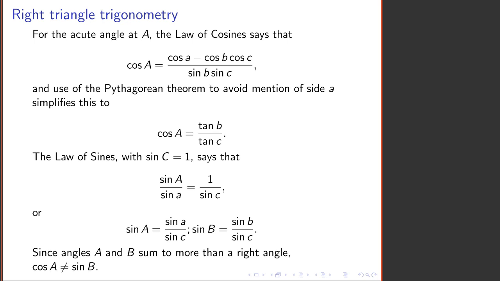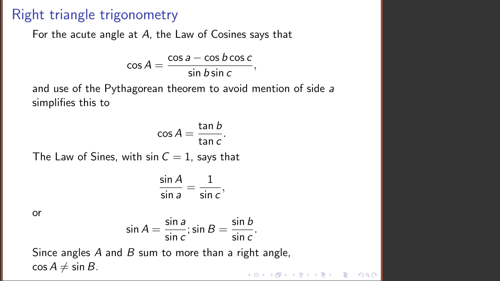Well, here's the law of cosines, and now I'm applying it to one of the acute angles of my right triangle, the acute angle at A. Since this is a right triangle, the Pythagorean theorem holds, and I can use it to replace the cosine of side A by the cosine of side C over the cosine of side B. And after a little bit of algebra, I get the cosine of angle A is the tangent of the length of B over the tangent of the length of C.